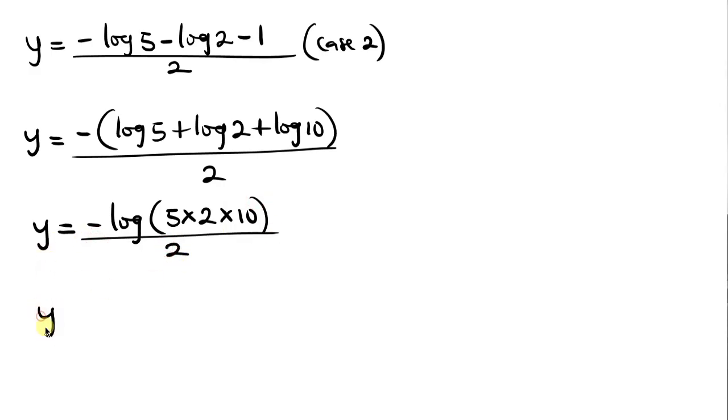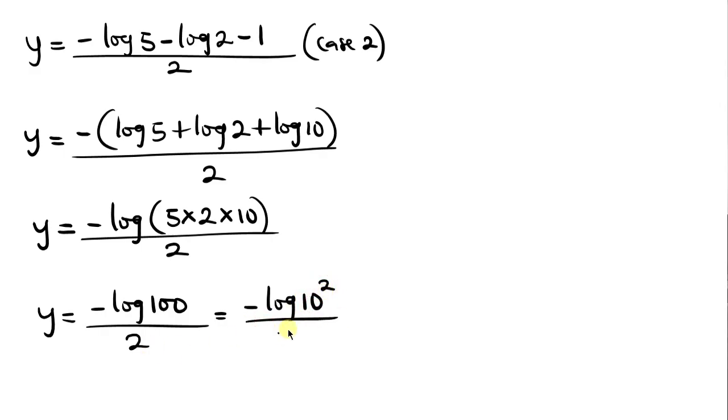So that y becomes negative log. Now 5 times 2, that's 10, times 10 is 100 all over 2. Well, this can simplify into negative, well, log 100 is the same as 10 to the power 2 all over 2.